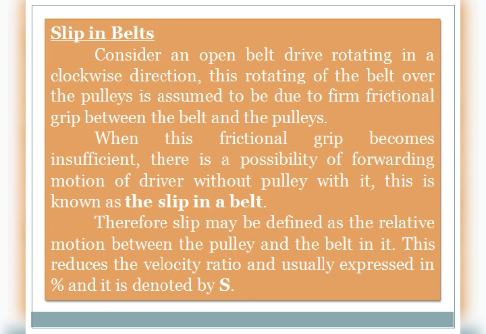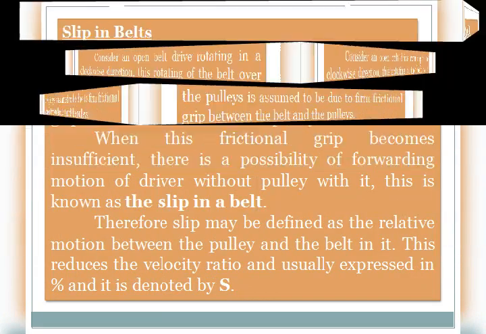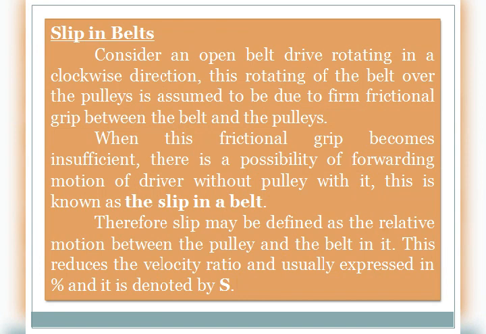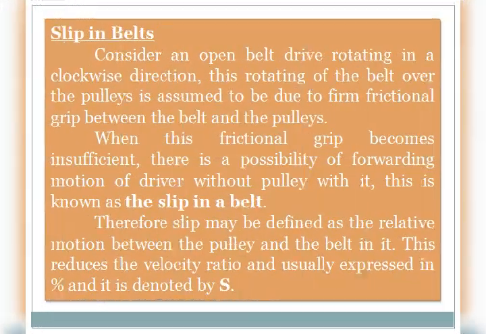So consider an open belt drive rotating in a clockwise direction. This rotation of the belt over the pulleys is assumed to be due to firm frictional grip between the belt and the pulleys. When this frictional grip becomes insufficient, because of continuous rotation of pulleys, depending on the materials we have used in case of belts, it starts to elongate by itself.